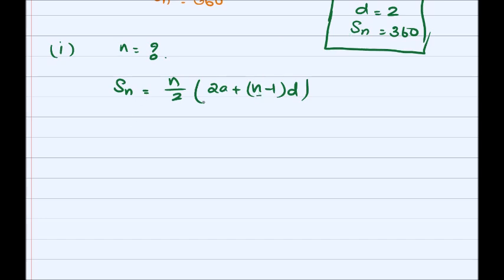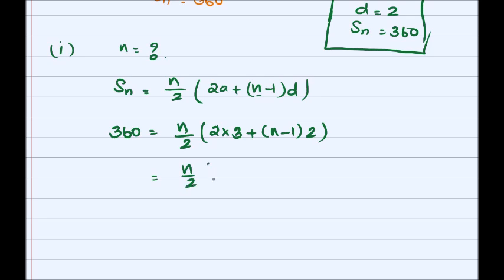Substituting the known values, we get 360 is equal to n by 2 into 2 into 3 plus n minus 1 into 2, that's equal to n by 2 into 6 plus 2n minus 2, that is n by 2 into 4 plus 2n.